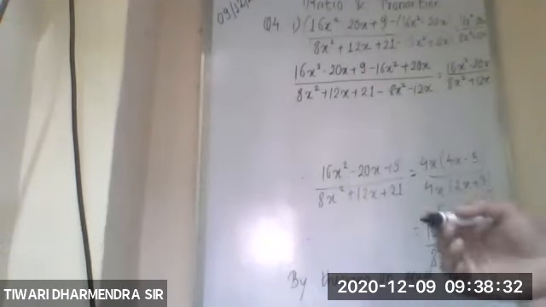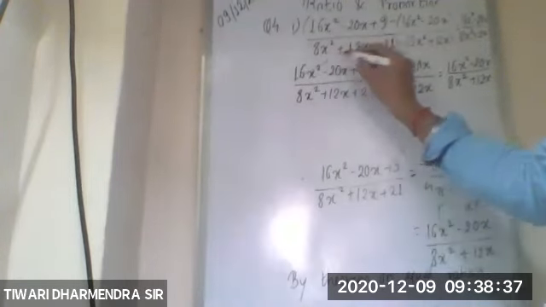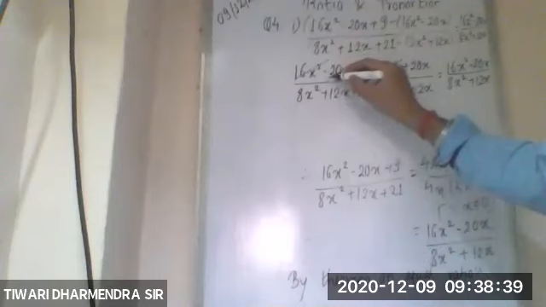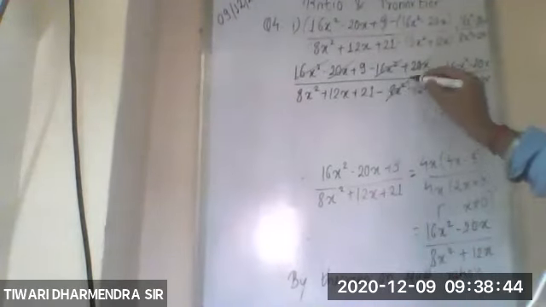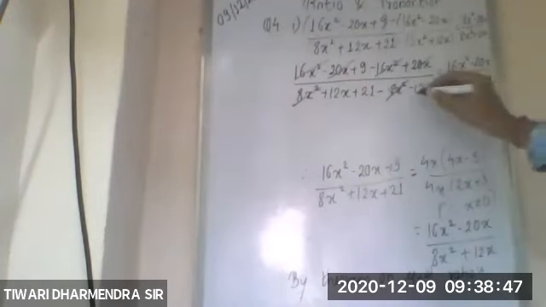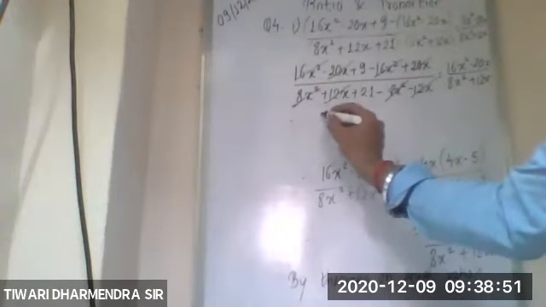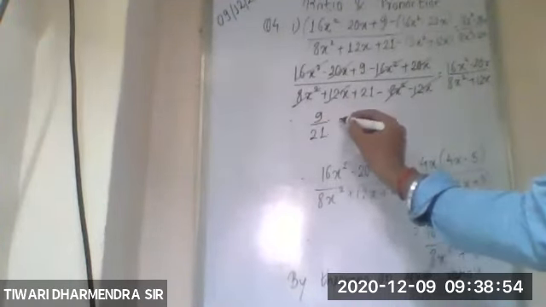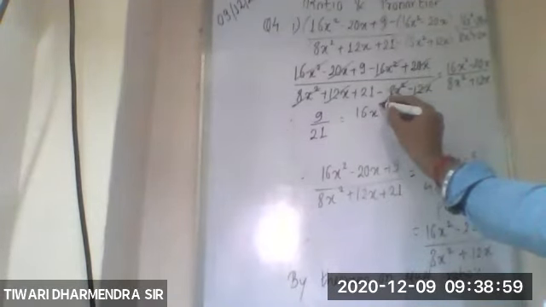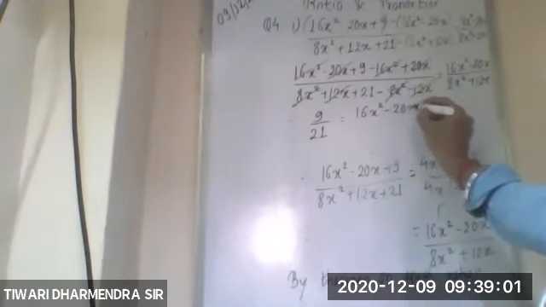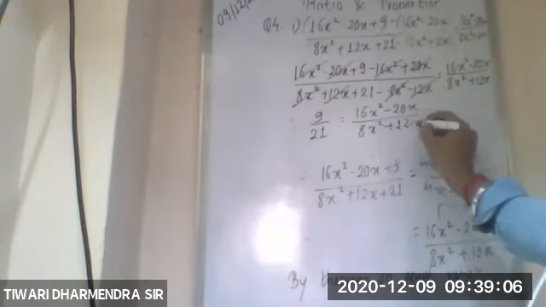Terms with opposite sign in numerator and denominator get cancelled. In the numerator, 16x square minus 16x square and minus 20x plus 20x get cancelled. Here, minus 8x square and minus 12x cancel too. So what remains? 9 upon 21 is equal to 16x square minus 20x upon 8x square plus 12x.